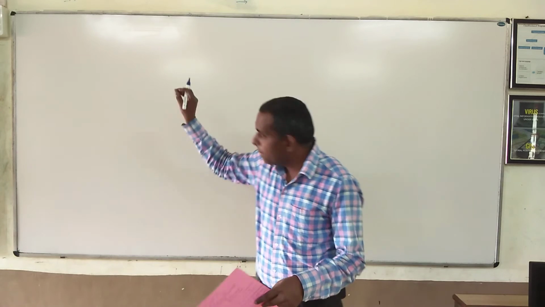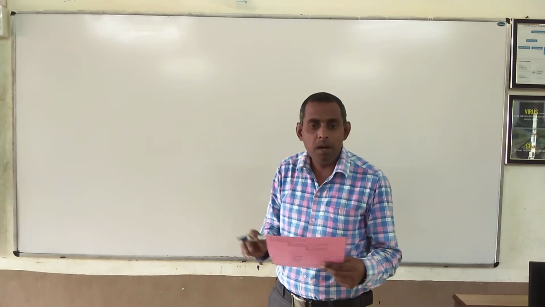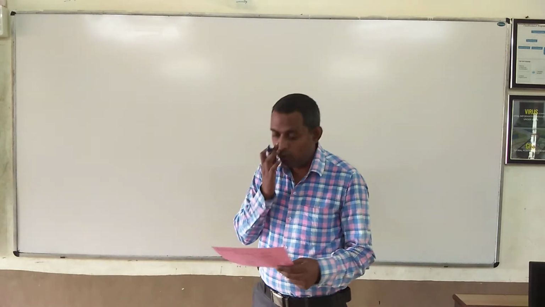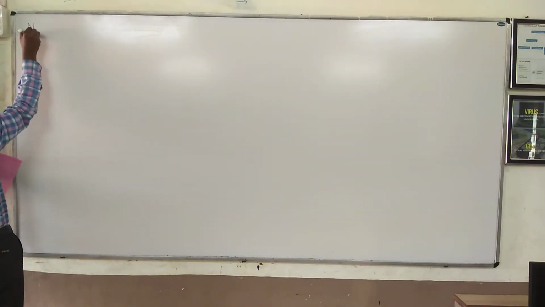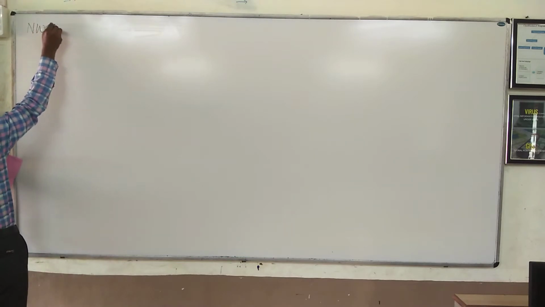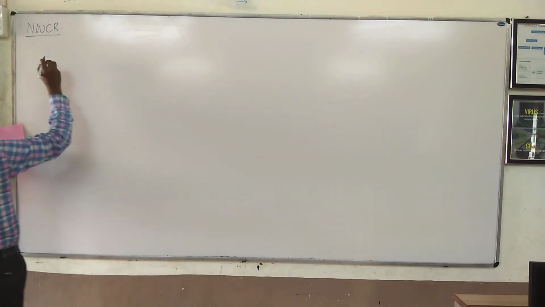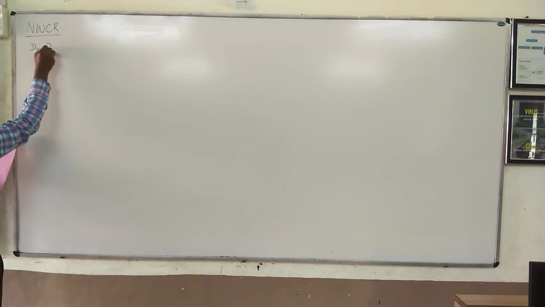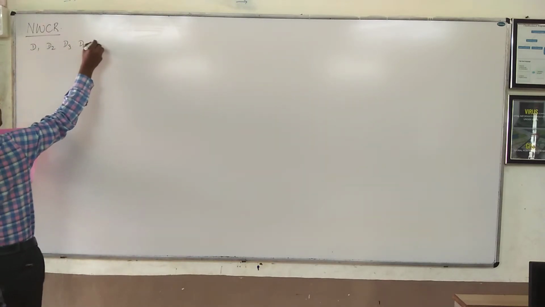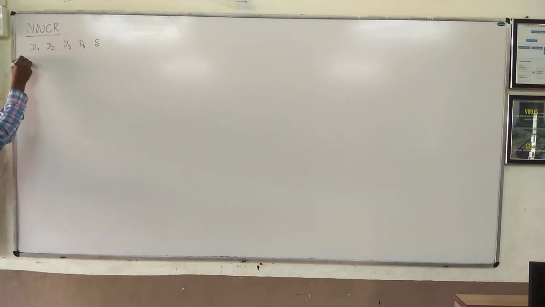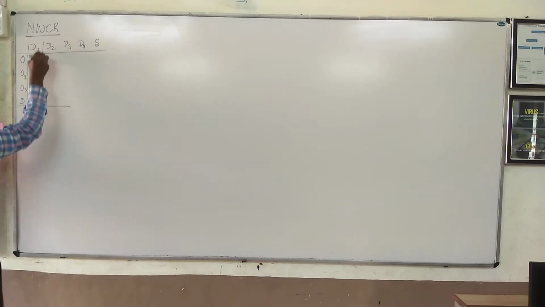Directly I will draw the table, that is the demand and supply table, and solve. We are going to solve it by the northwest corner rule here. This is what the table is: D1, D2, D3, followed by D4, and supply, and it is O1, O2, O3, and demand.